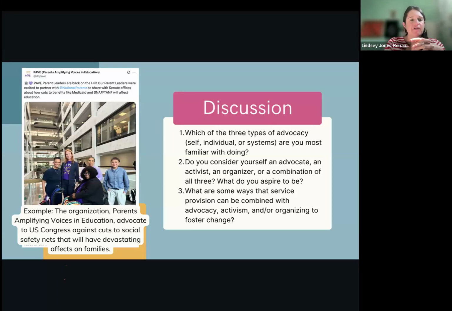And so this is a picture of them, again, advocating to US Congress about cuts to social safety nets that will have devastating effects on families. And this is also an example of advocacy that didn't work because Congress still cut those. And so this is when we will get into some of the challenges and how to protect ourselves against these rejections, which are what happens.